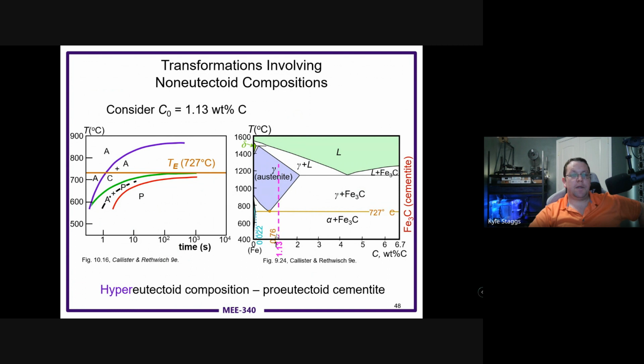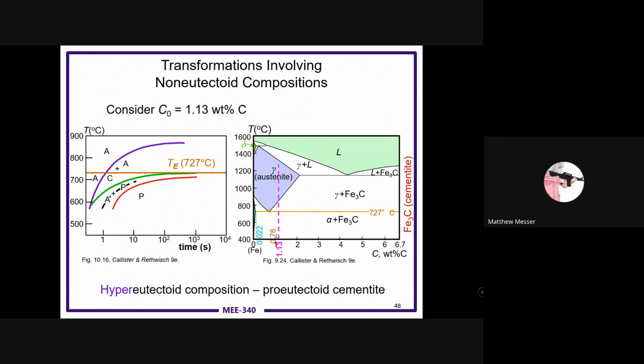Yeah, so that's also part of the cost trade here in terms of the way the general trends behave. The general rule of thumb is the iron, the alpha phase, the ferrite, is fairly malleable.